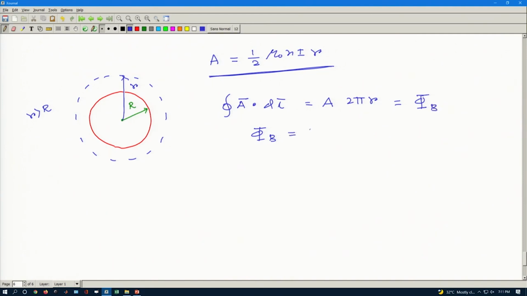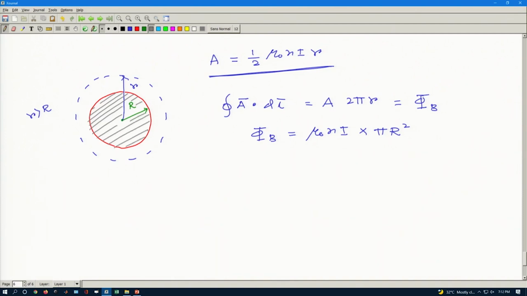Phi B here is the magnetic field mu 0 Ni, which is only in this region, not outside, multiplied by the area, but the area is pi R square, because outside that the magnetic field is not there. So, the only area we need to consider is the region which is shaded. This is the region where we have the magnetic field, because outside there is no magnetic field.